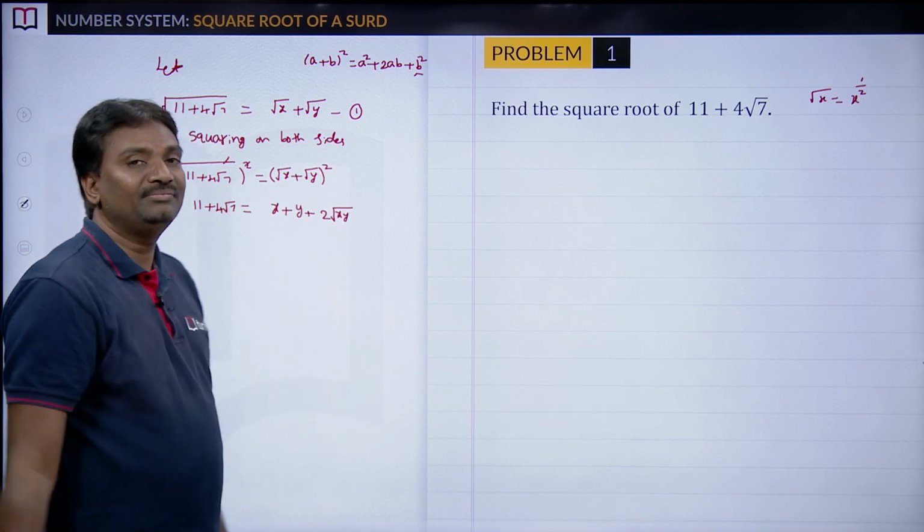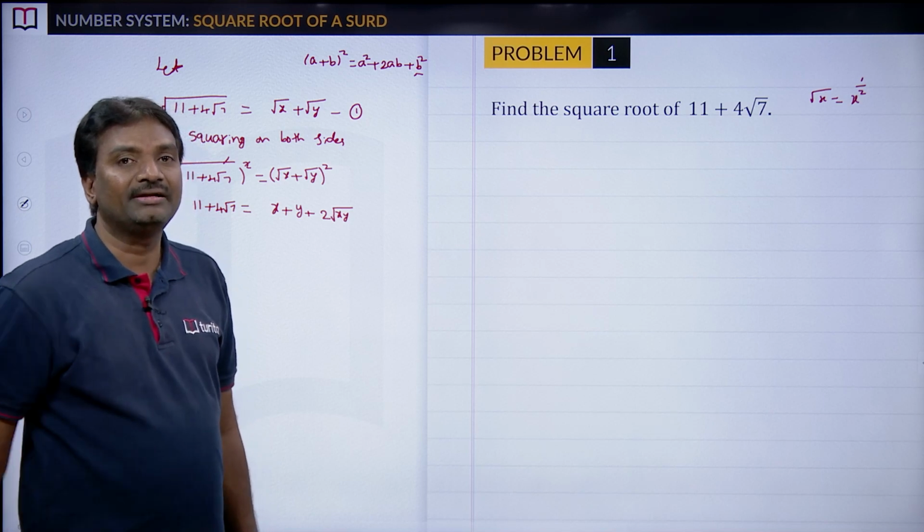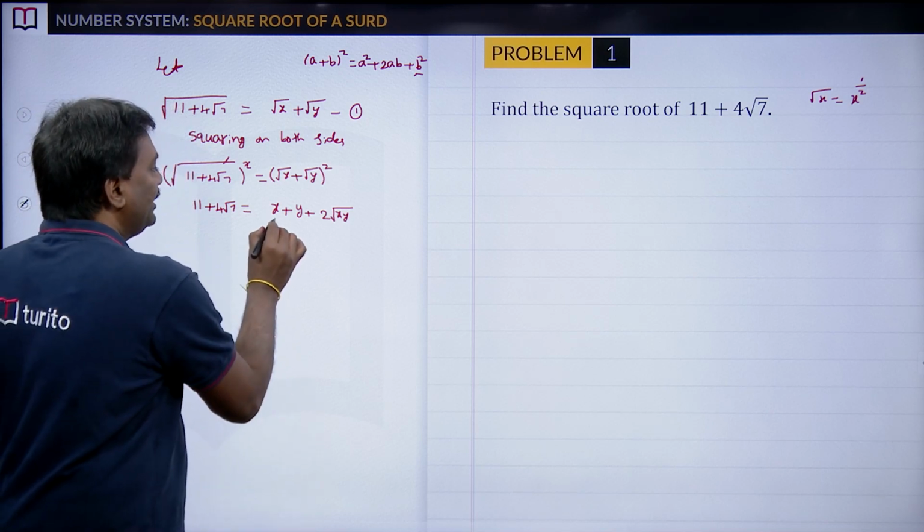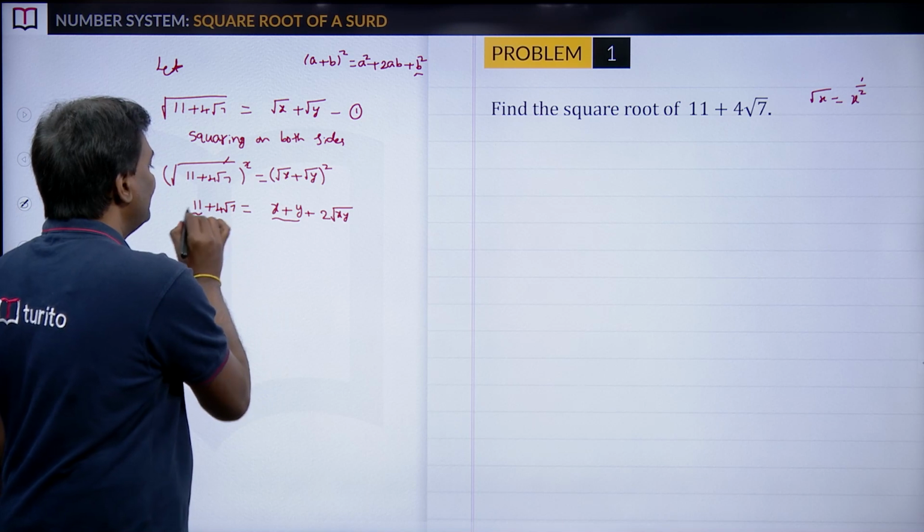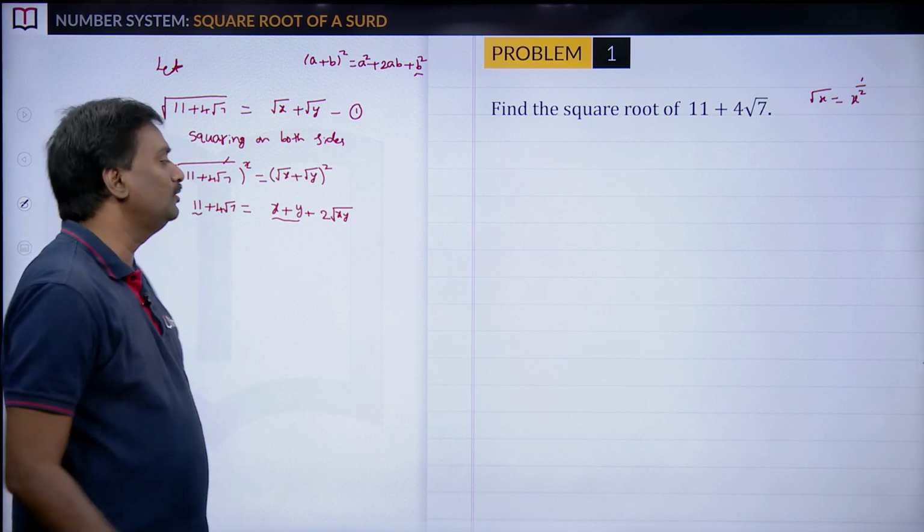Here by comparing the rational and irrational terms on both sides, x plus y is rational, and 11 is also rational. So x plus y equal to 11.